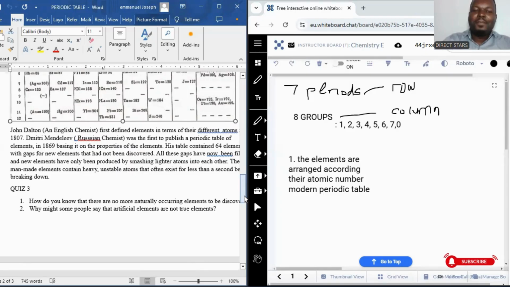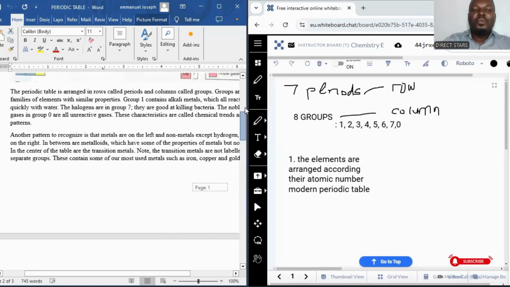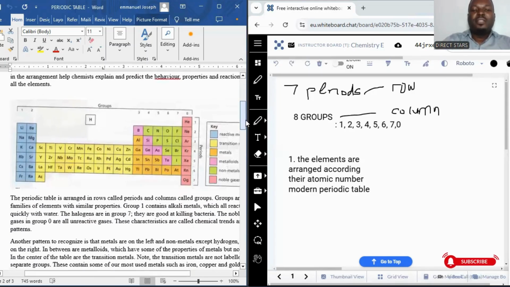Naturally, there are no more elements in nature yet to be discovered. All the stable elements that needed to be discovered naturally have been discovered and have taken their place on the modern periodic table.